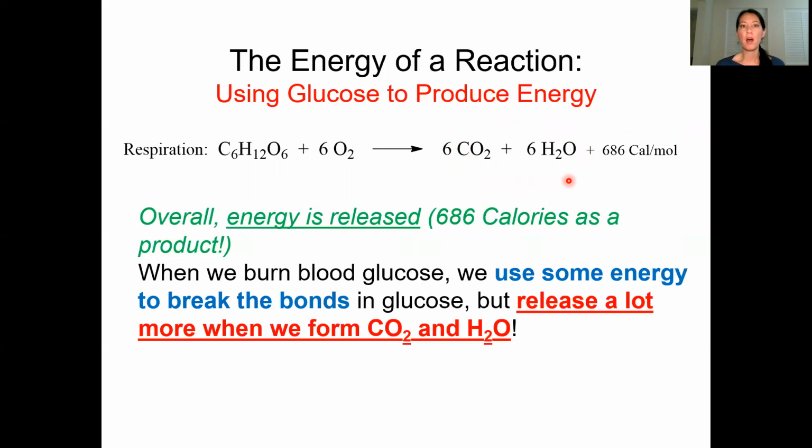Every time you break bonds, it takes energy. Just think of two balls held together by a chain or a rope. To break that, you have to cut it, pull it, whatever. You have to input some energy. So effectively, for every chemical reaction, you are destroying the reactants, breaking bonds, that will always take energy. And then when you form the new products, now new nuclei are seeing electrons from another atom and you're releasing energy.